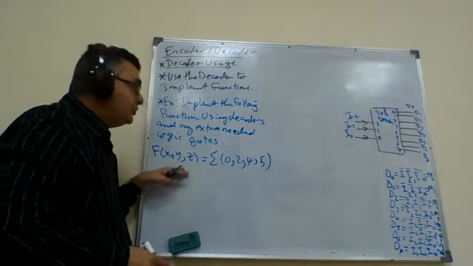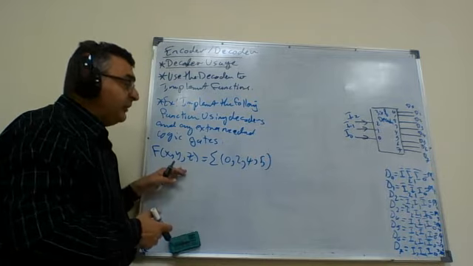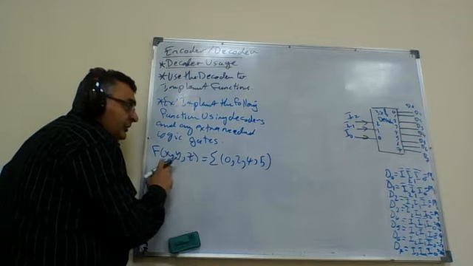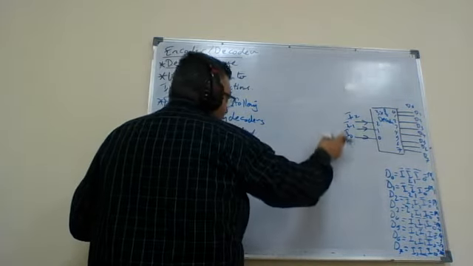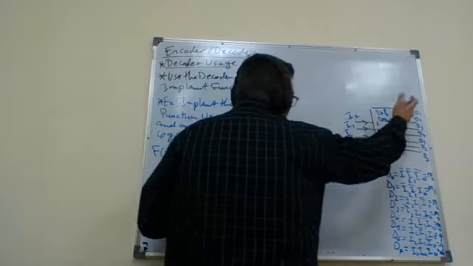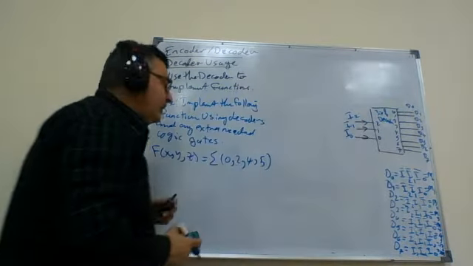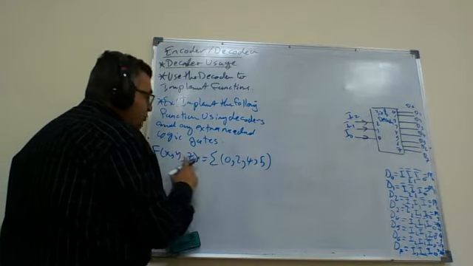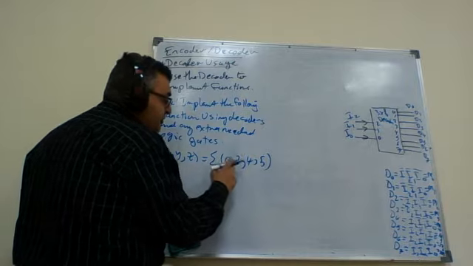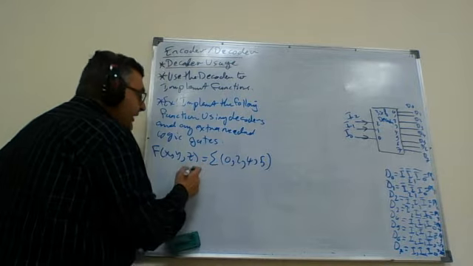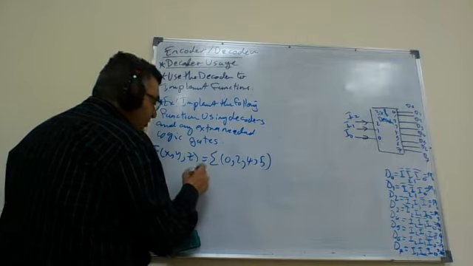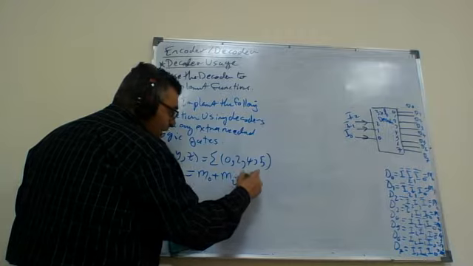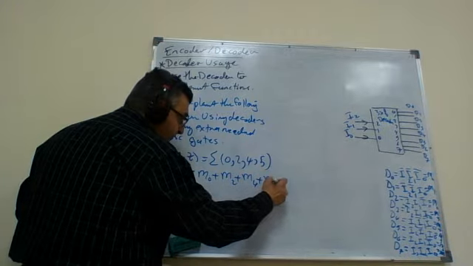I can use the decoder to implement any function, because if the inputs of the function match the inputs of the decoder, the outputs of the decoder will automatically be the min terms of the inputs. I know that F of x, y, and z equals the summation of 0, 2, 4, and 5, which means the function can be written as m0 or m2 or m4 or m5.